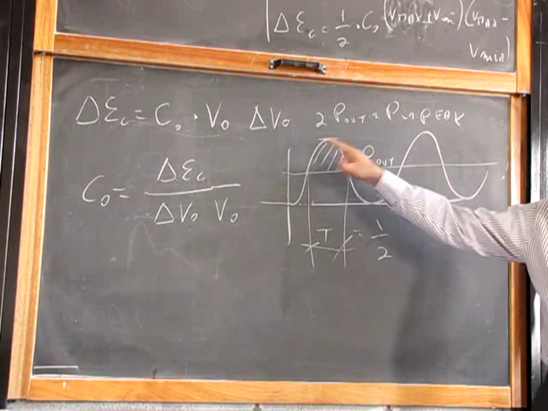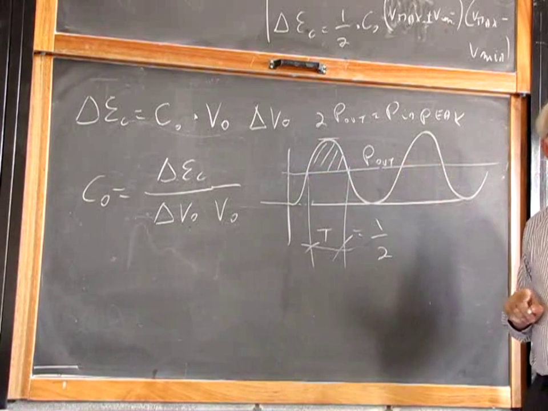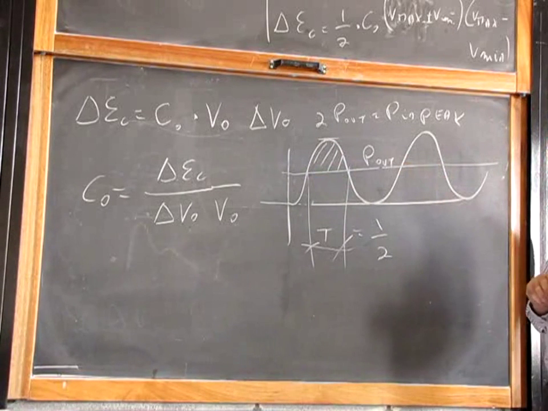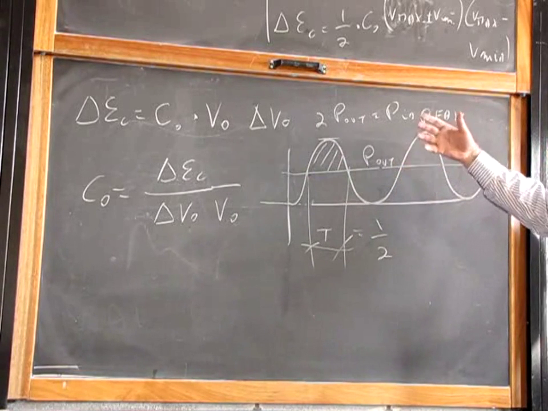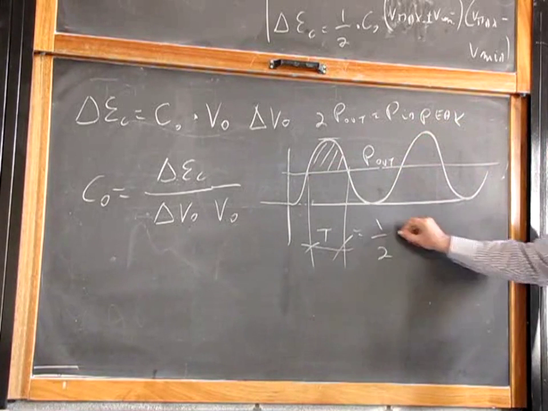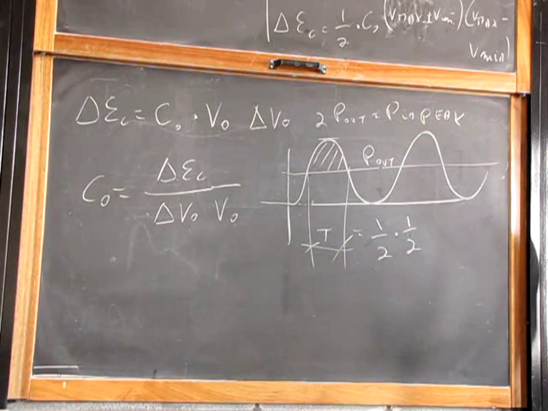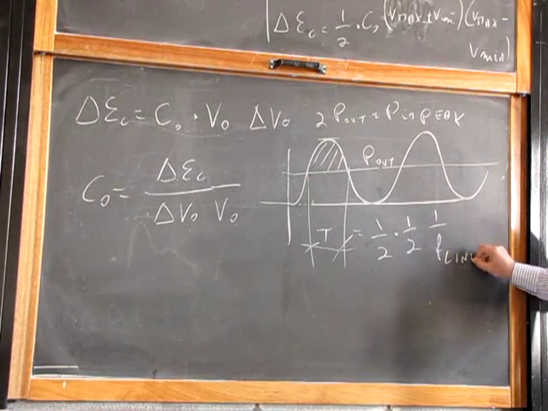How much is this period? From here to here? 20 milliseconds. 10 milliseconds. Because this sinusoidal frequency is twice as much, because the second harmonic is the square of the input. So it's still times 1/2 of 1 over line frequency.